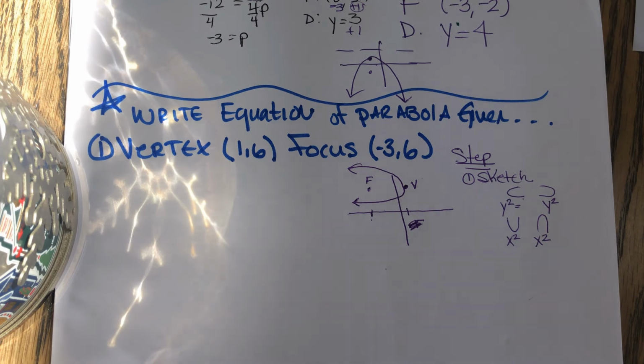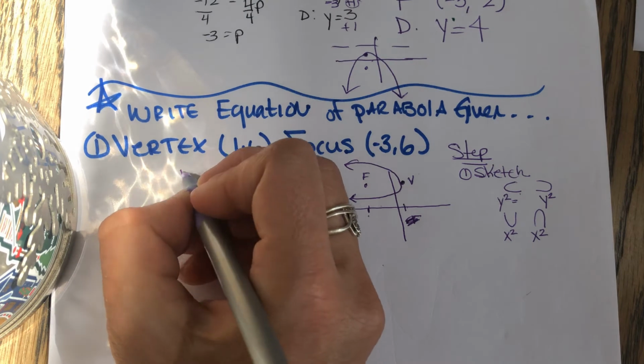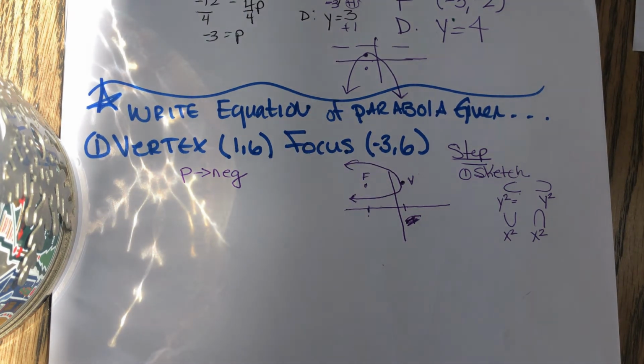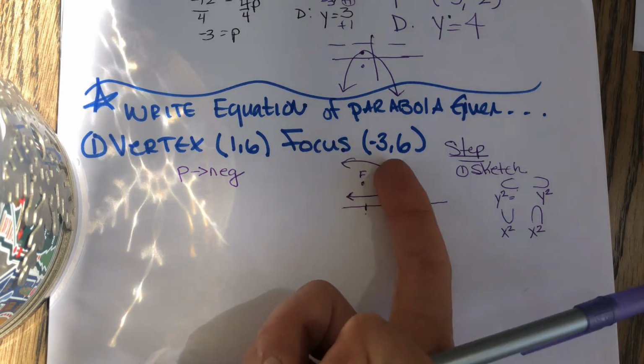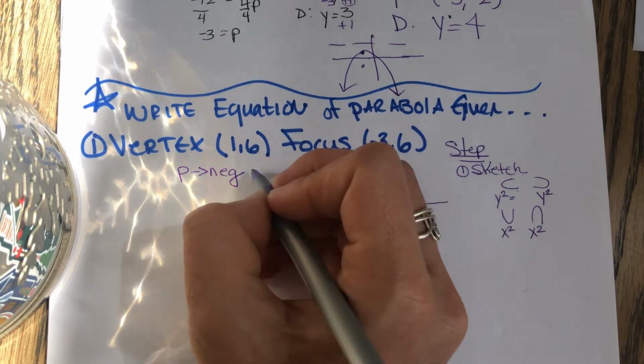So the first thing I know is that my p-value, I'm trying to remember, I think your p is going to be negative. Okay, and then what you also know is if you're going this way, you should know it's going to be a y squared.